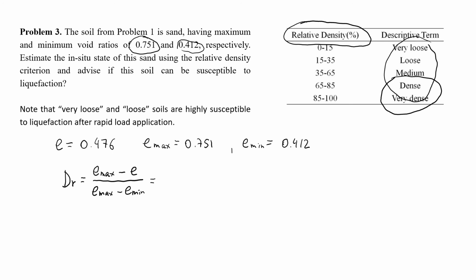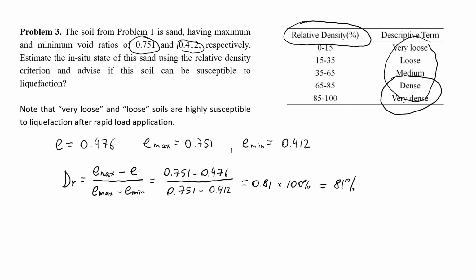So we're going to use the numbers we already know: 0.751 minus 0.476, divided by 0.751 minus 0.412. That will give us approximately 0.81. We can change it to percentage by multiplying by hundred, and that is about 81%.